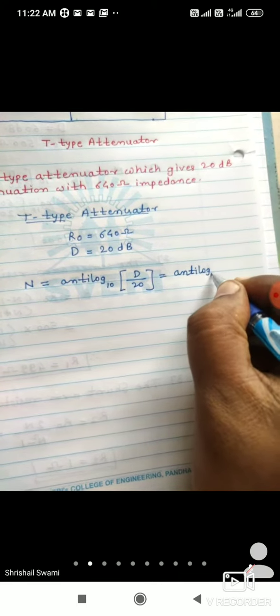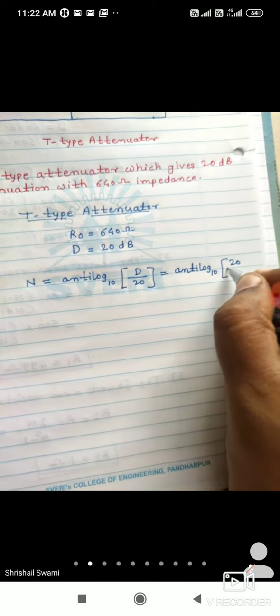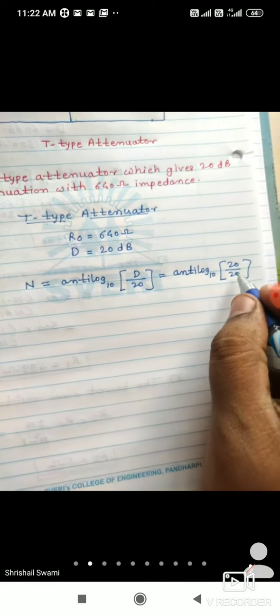You can start with the first equation, that is N is equal to antilog of base 10, D divided by 20. So it gives antilog of base 10, 20 divided by 20. So antilog of 1 means it will give the value of 10.